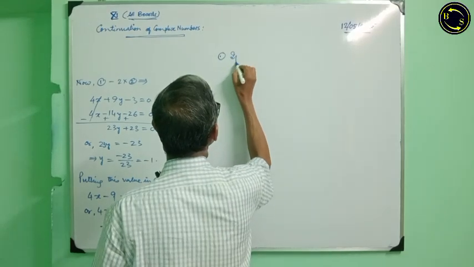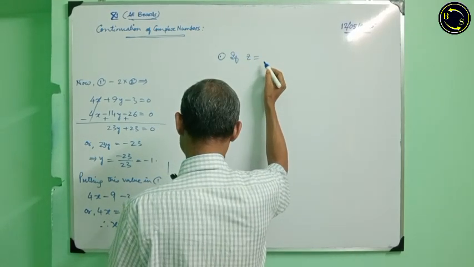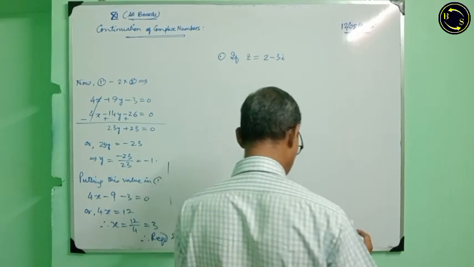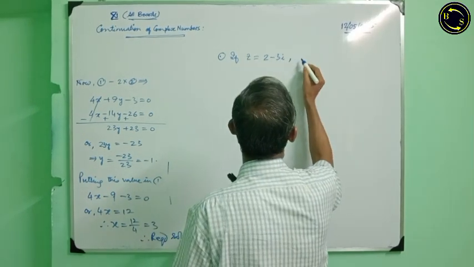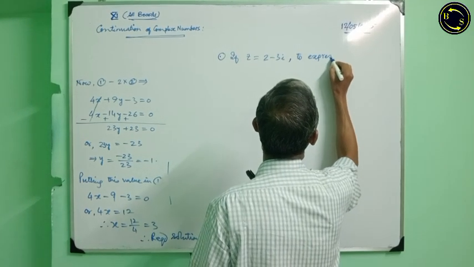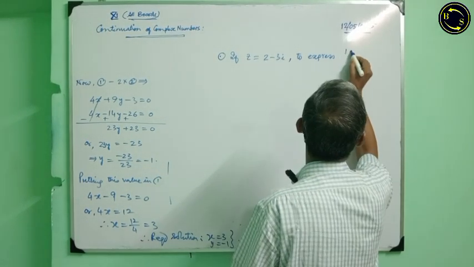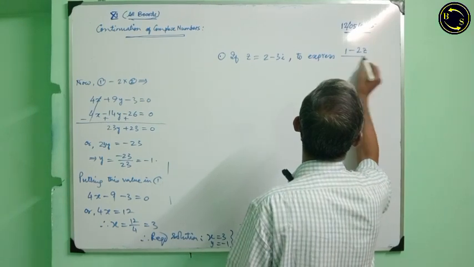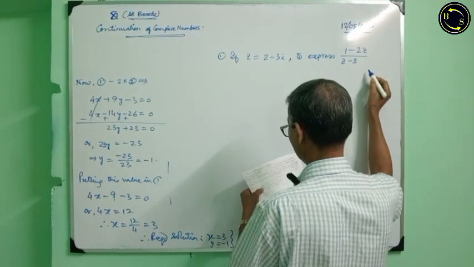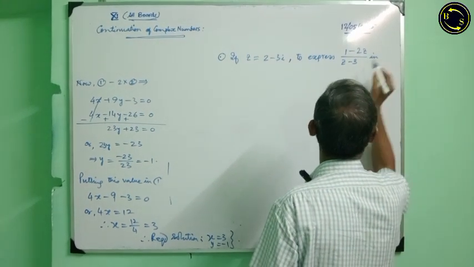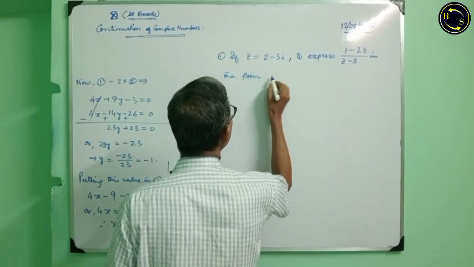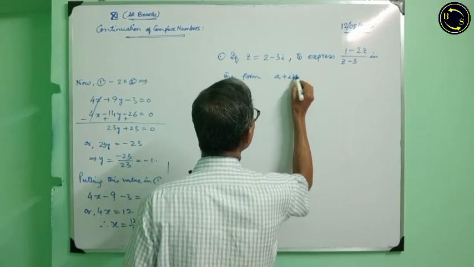If z equal to 2 minus 3i, express 1 minus 2z by z minus 3 in the form a plus ib.